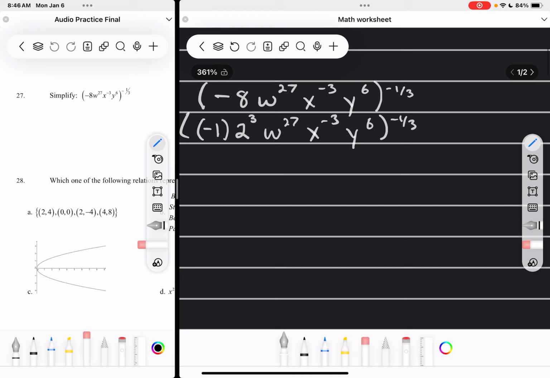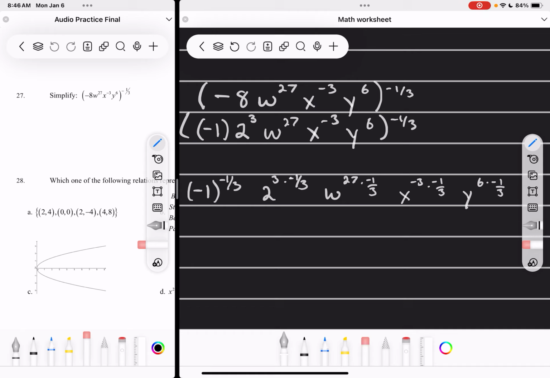So we end up with negative 1 to the negative 1/3 power, 2 to the 3 times negative 1/3, w to the 27 times negative 1/3, x to the negative 3 times negative 1/3, and y to the 6 times negative 1/3.